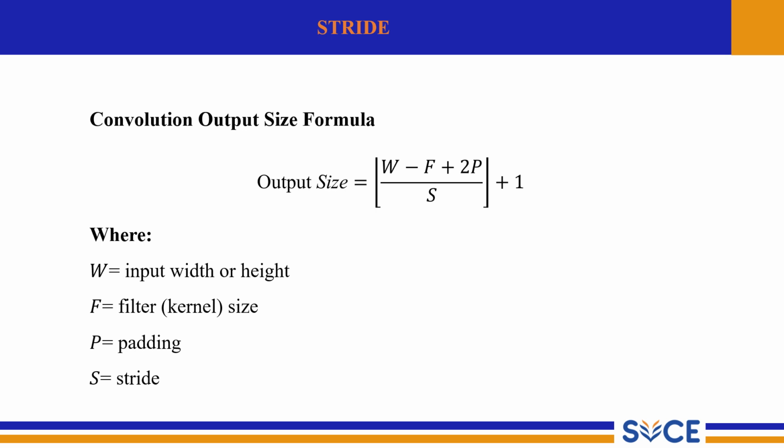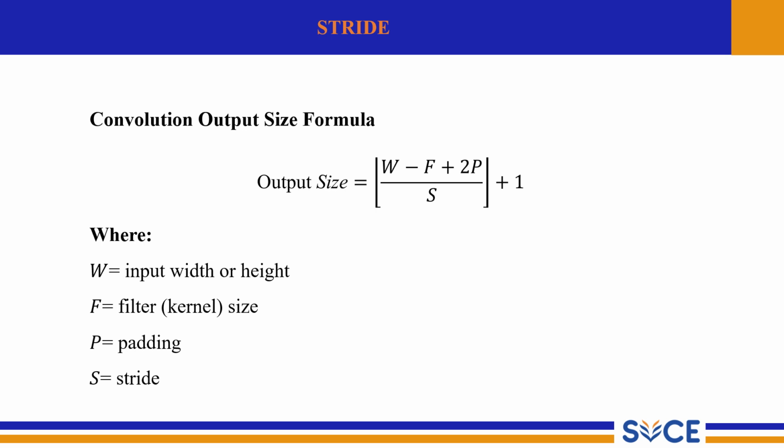Convolution output size formula. To calculate the size of the output feature map after a convolution operation, we use the formula: output size equals (W minus F plus 2P) divided by S, plus 1.